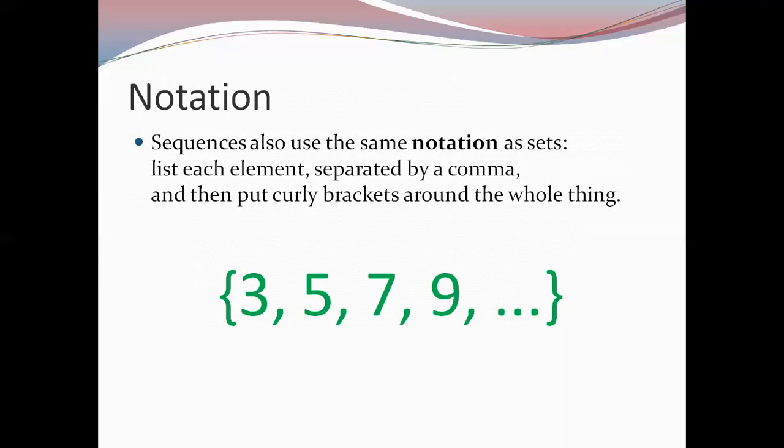Example: {3, 5, 7, 9}. The numbers are the elements of the sequence, separated by commas, and the curly brackets go around the whole thing.